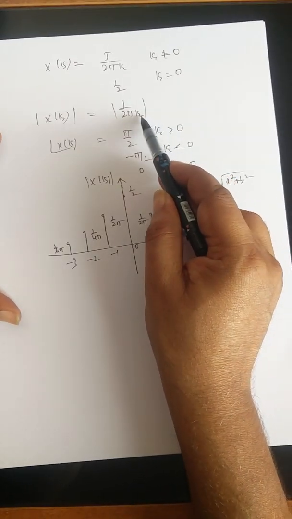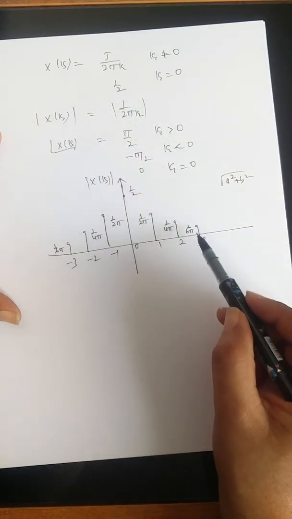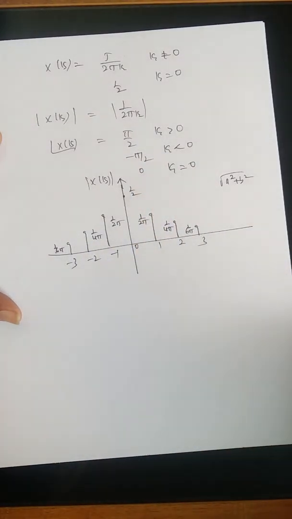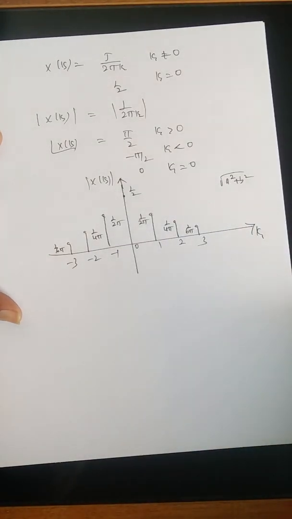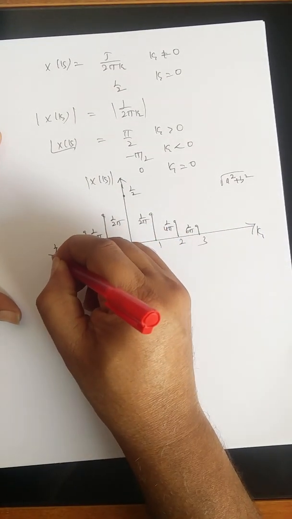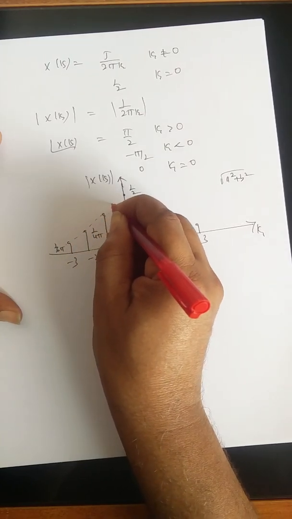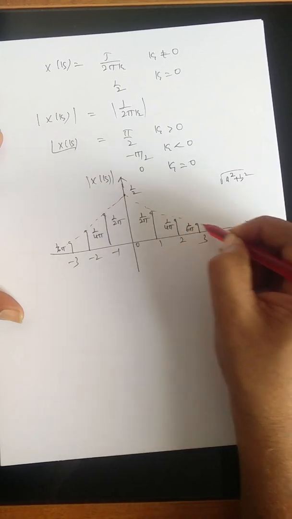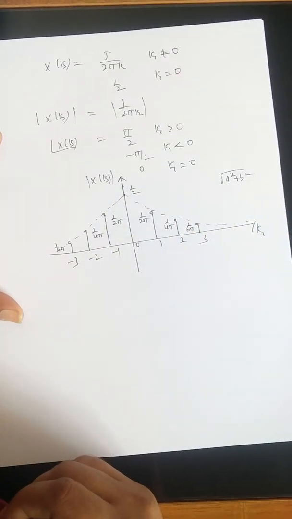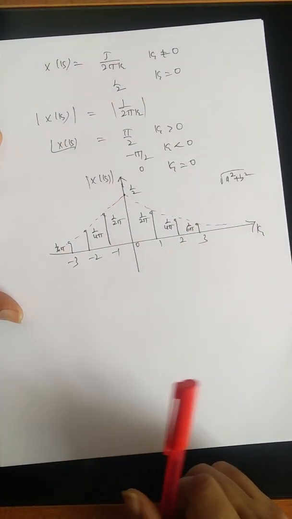When k is 3, 1 divided by 2 pi into 3 is 1 by 6 pi. It goes like this. Now it looks like this. This is the magnitude spectrum.